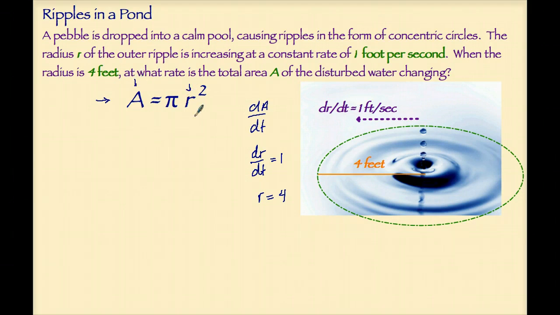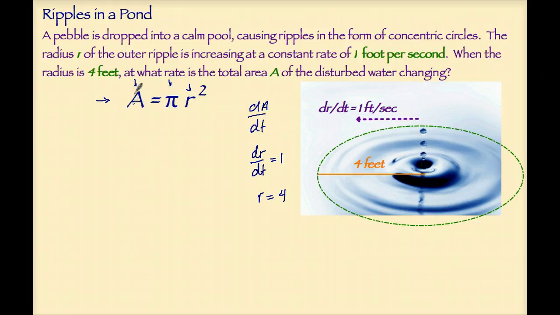We're going to differentiate this formula implicitly, and every quantity that is changing will be assigned a rate differential. As it happens, both area and radius are changing in this situation. Remember that pi is constant, so it's just going to function as a coefficient here.